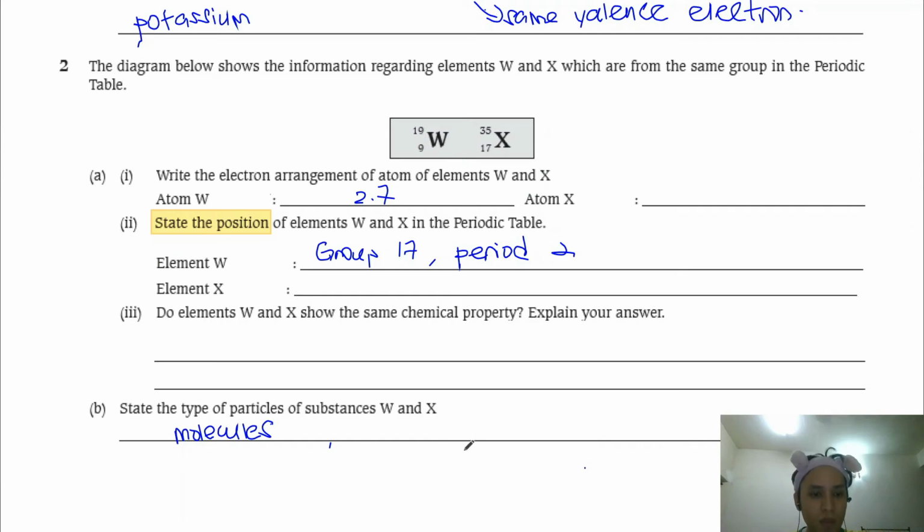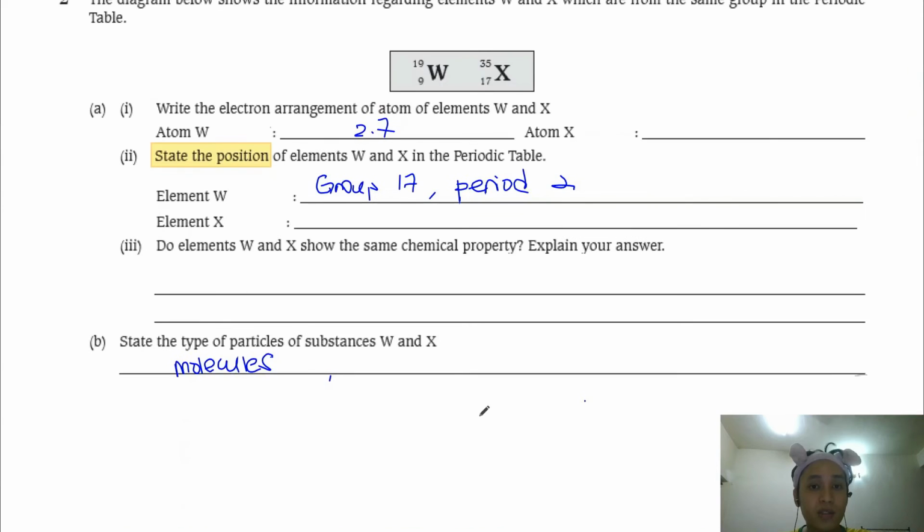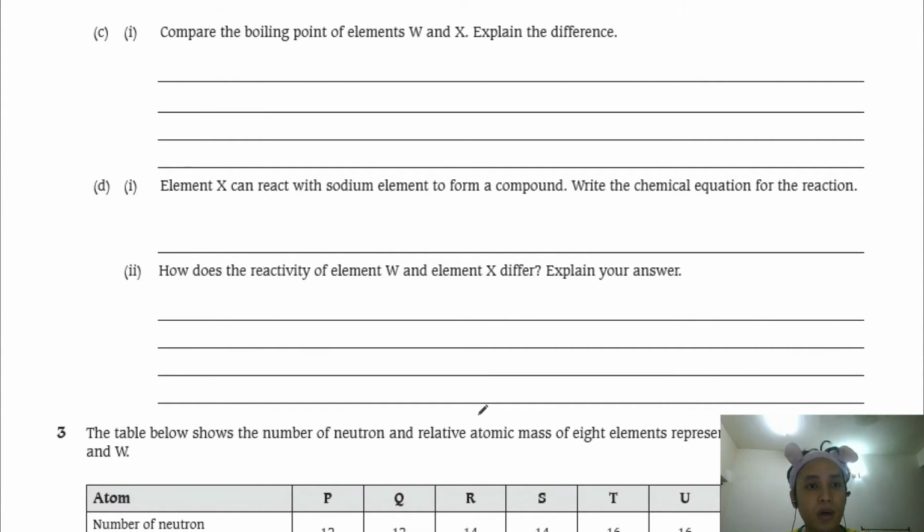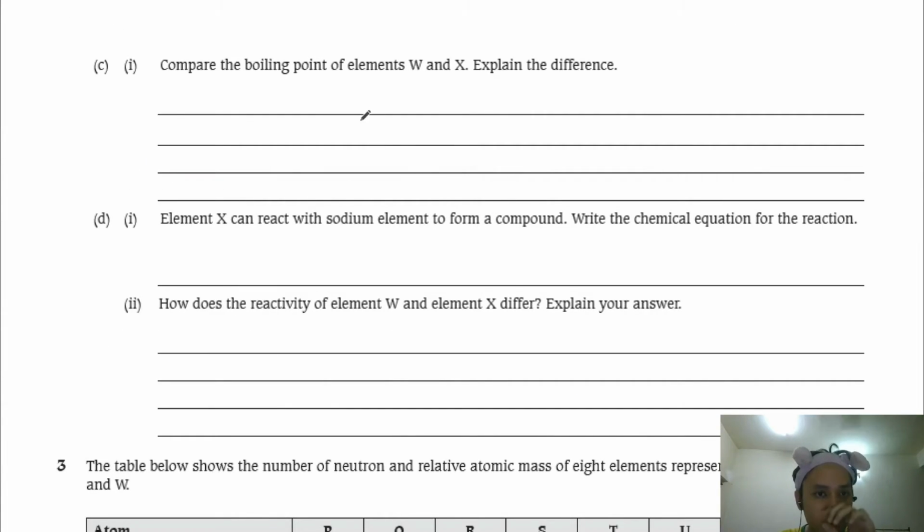And then what else? Let me see. Compare boiling points. If they ask you to compare the boiling point and explain the differences, first you need to mention which one has the higher boiling point, W or X. You need to say W is higher than X or X is higher than W. You cannot just say W because they put here the word compare.